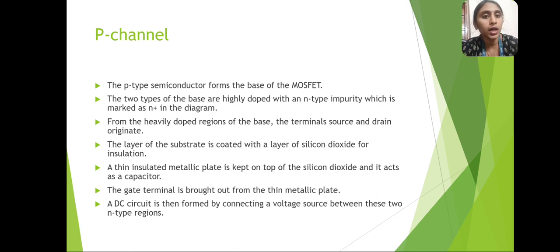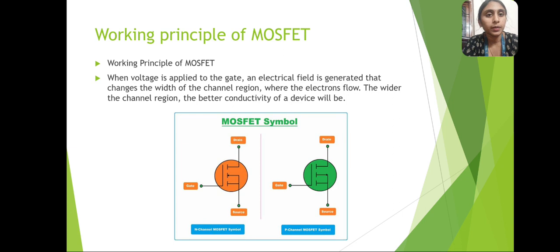Impurities are doped as we see in the figure, and here the base is heavily doped; one N type is known as the source terminal, and the other N type is known as the drain terminal. And between the gate and the substrate, the middle layer is formed, that is silicon dioxide. It acts as an insulator and it acts as a capacitor.